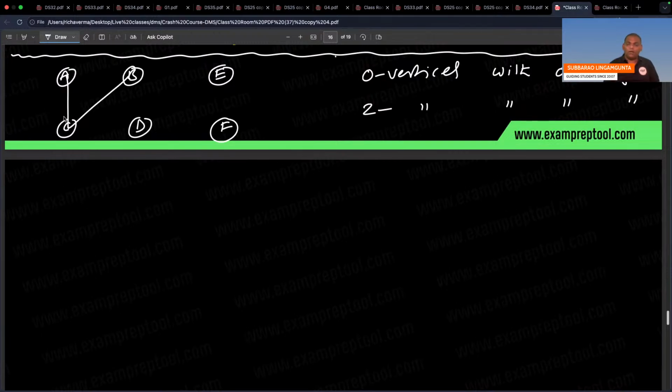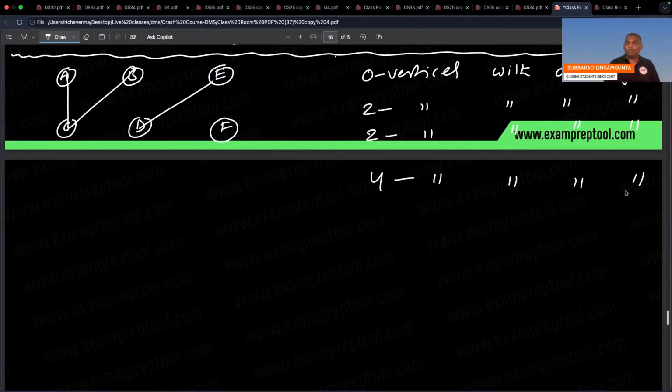B is already odd degree, so still 2 vertices with odd degree. That is also fine. Now let me add one more. A has odd degree 1, B has odd degree 1, D also 1, E also 1. 4 vertices with odd degree.